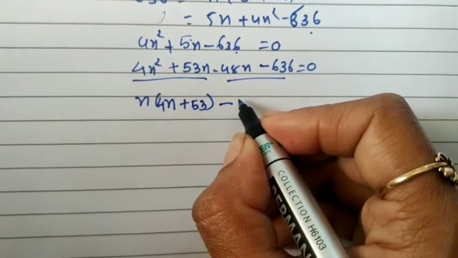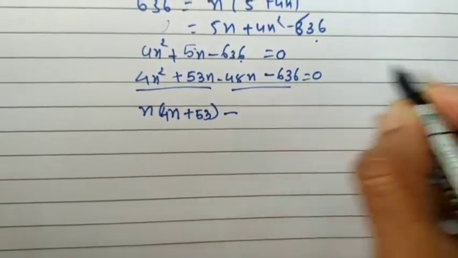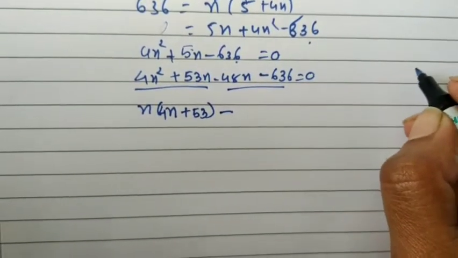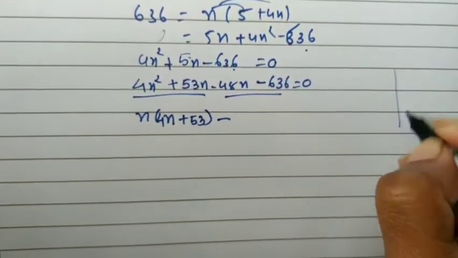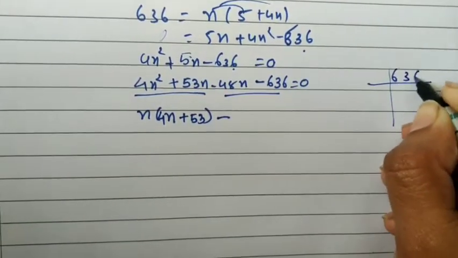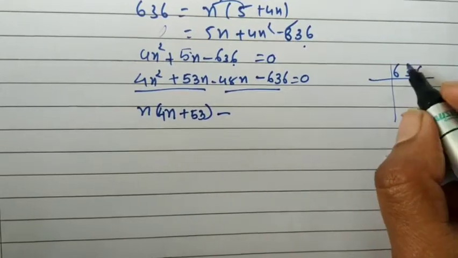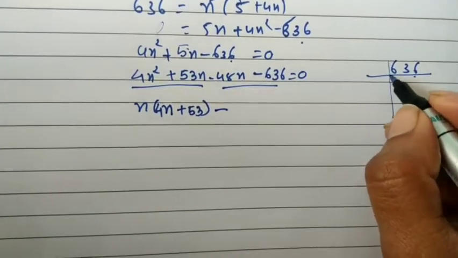Let me show you the factorization of it, what it will become. So here I am showing you 636. Let me factorize it, to see whether 48 is coming or not, or what we should do.